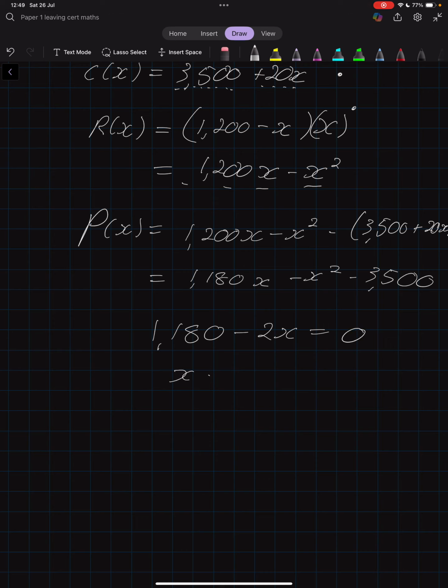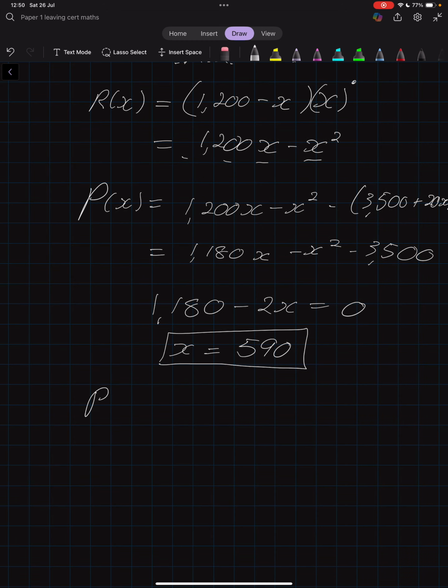So I simply get that x is going to be 590. Okay? And if they ask you what the maximum profit is, you just get P of 590. And then you just plug it back up into this equation up here, okay? And you see what that is. I'm not bothered with doing 590 squared in my head.